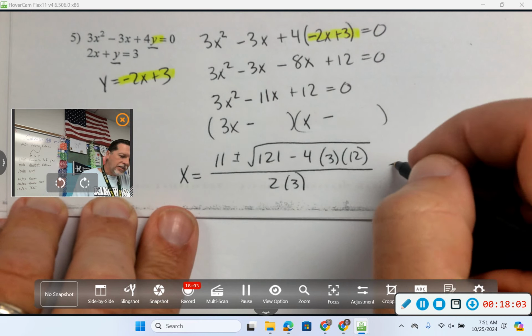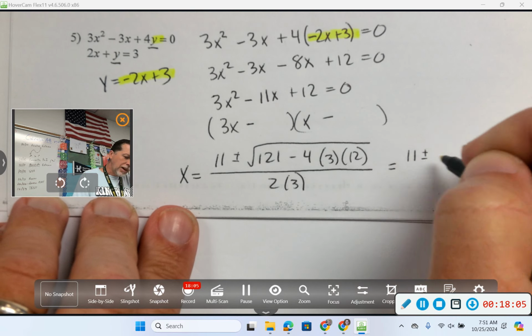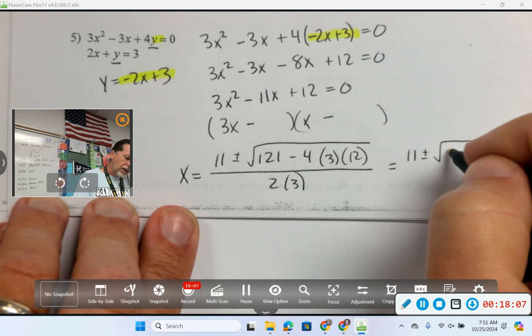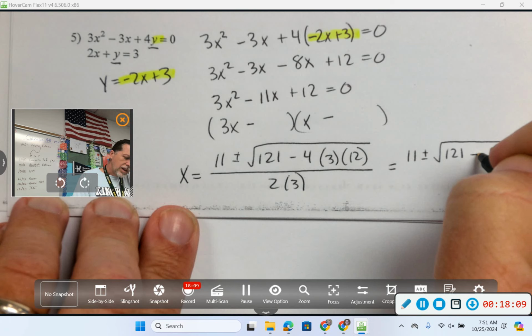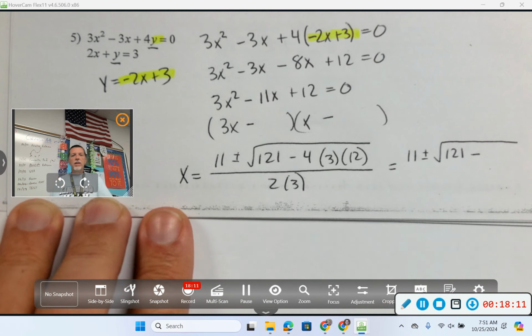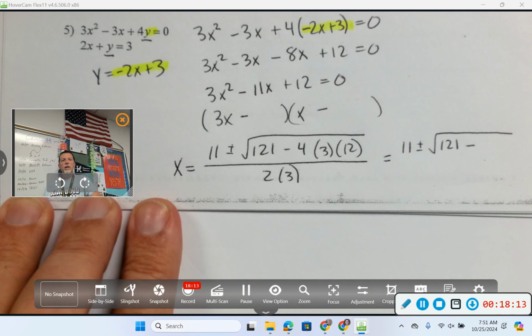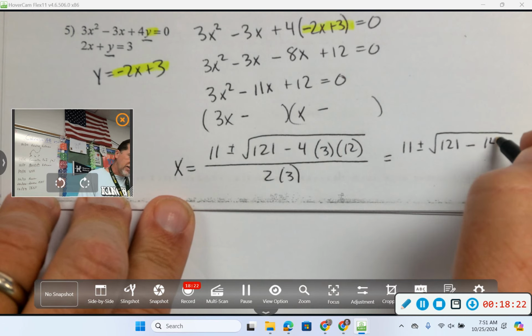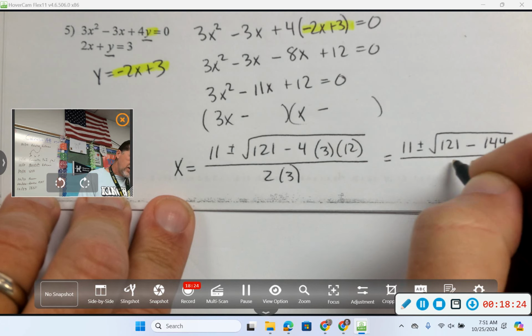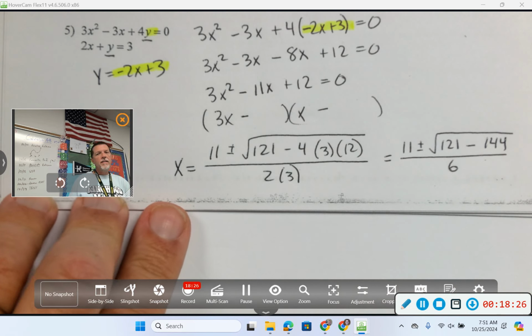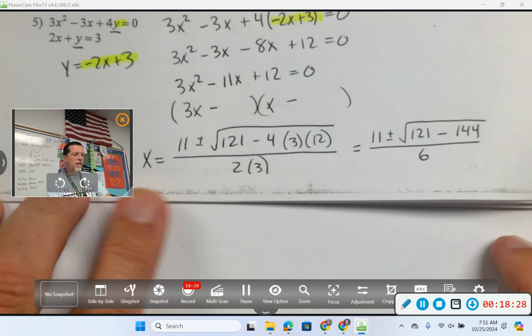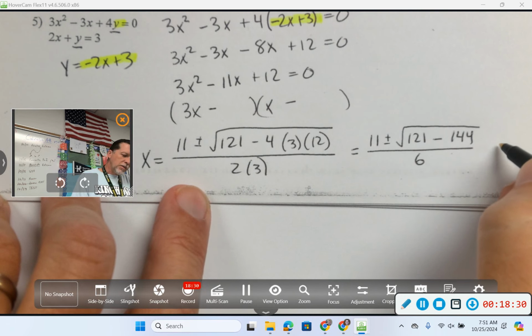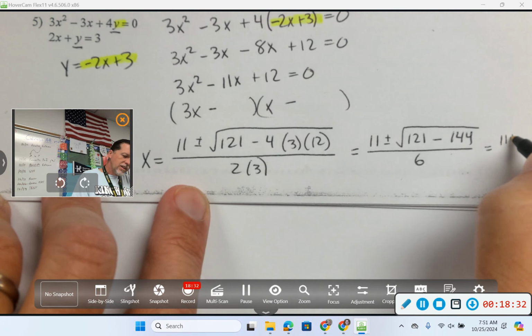Okay, this looks bad, but we're going to be able to kind of pull the plug on this thing pretty quick here. Rather than 36 times 4, I'm going to do 12 times 12. I mean, it's the same thing, but I know what 12 times 12 is. So then what's 121 minus 144? Negative 23.